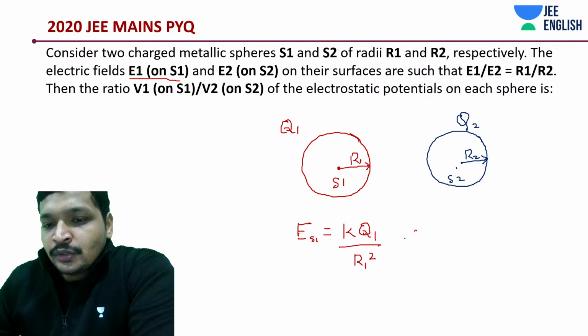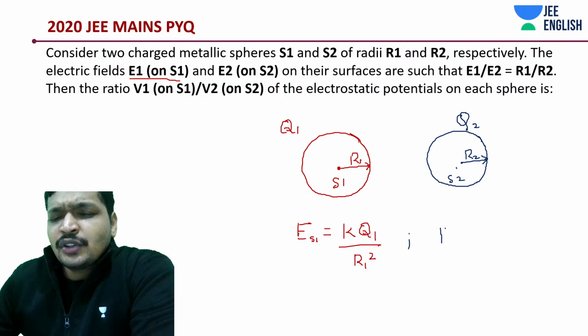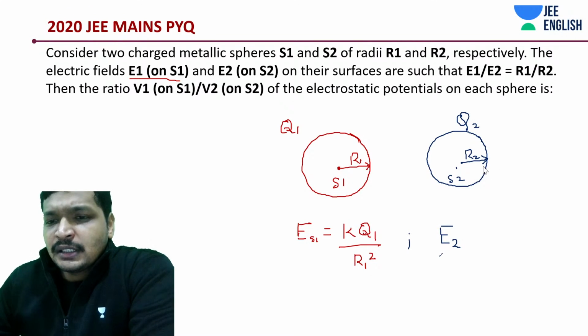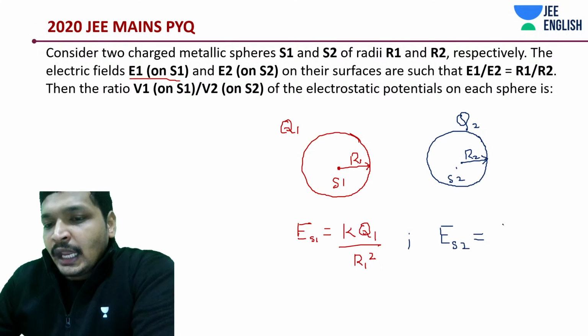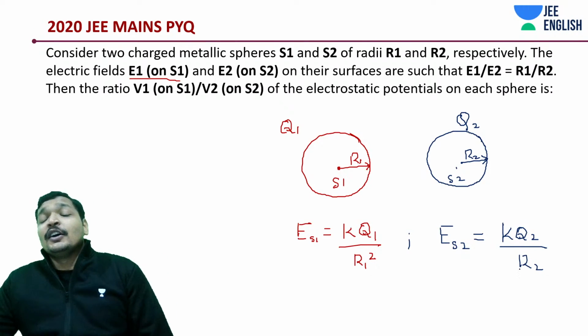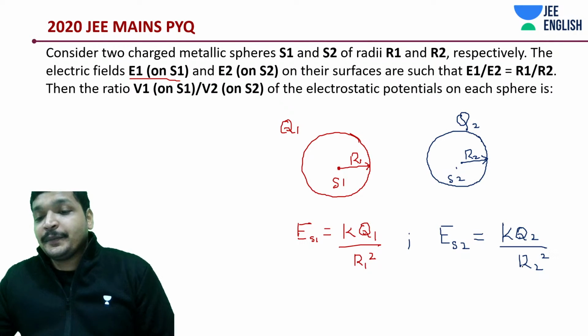This is also a valid way to go about solving this problem as a subjective problem, according to me. So E of S2 is going to be K Q2 by R2 whole square. This is the field.